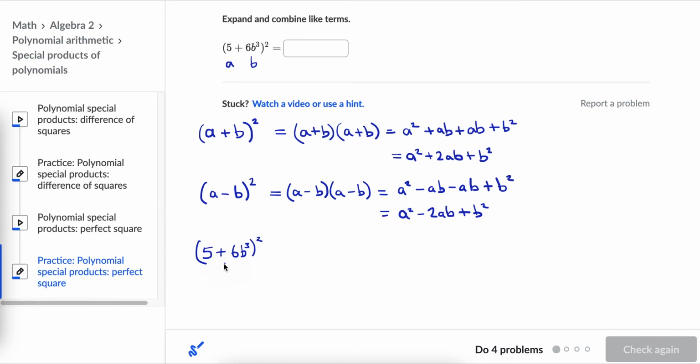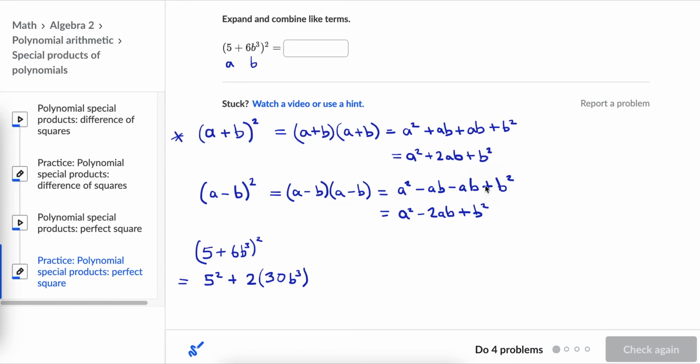Our rule here is the first one, a plus b squared, so we've got all positives. Our first term, a, is 5, so that's going to be 5 squared. And that's going to be plus 2 times a times b. A times b is 5 times 6b cubed, which is 30b cubed.